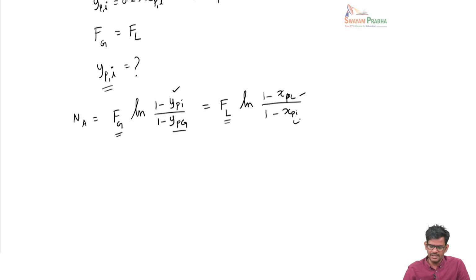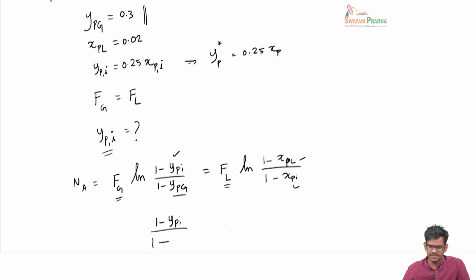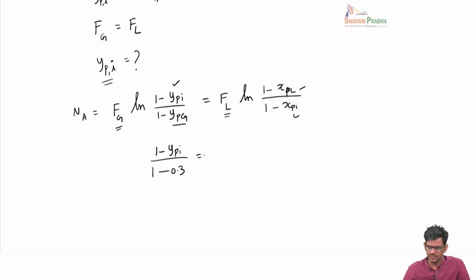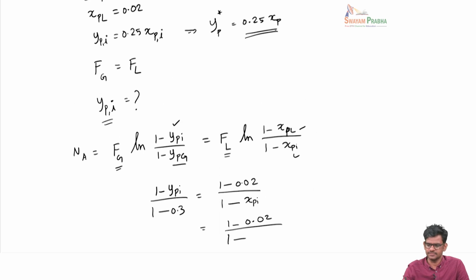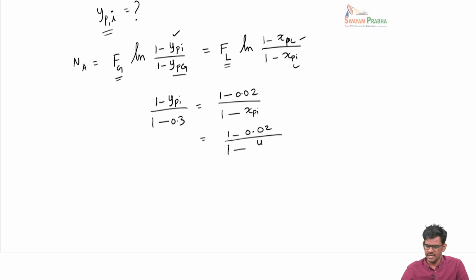So, clearly FG and FL will cancel, and you can also take the logarithmic term out. So, you will get (1 minus YAI) over (1 minus YAG) is 0.3. On the right hand side, you have 1 minus XAL, XAL is 0.02, over 1 minus XAI. Now I can rewrite this XAI using the equilibrium relationship which is here. So, this is going to be YAI divided by 0.25.